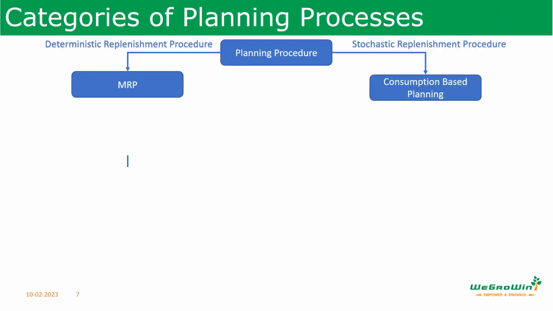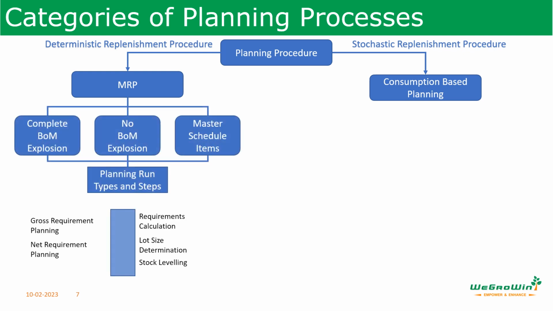Planning has two major types. One is the deterministic replenishment procedure, which is called MRP. Another is the stochastic replenishment procedure, which is called consumption-based planning. In MRP, we have planning based on complete BOM explosion, no BOM explosion, or master schedule items. Here the planning run depends on the types and various steps are involved.